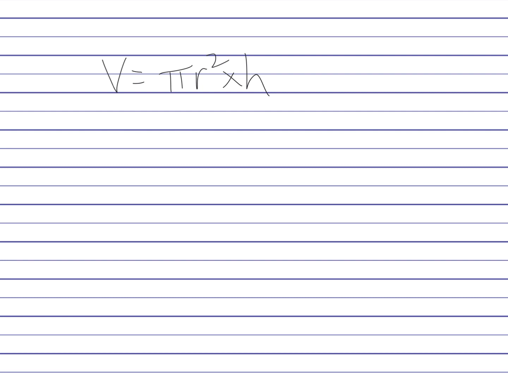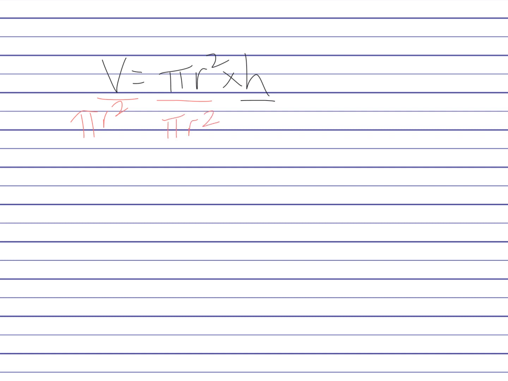Now I want to find H, so I need to get rid of the stuff that is not H from that side, and I'm just going to do the opposite of what it says to do. Right now it's telling me to multiply by pi r squared, so I'm going to divide both sides by pi r squared to make them go away.